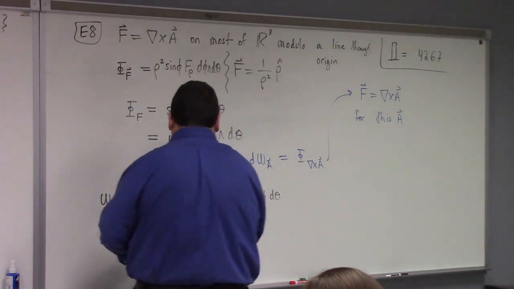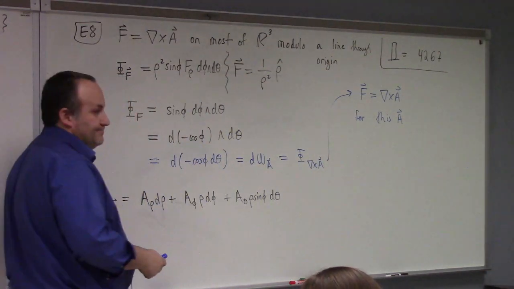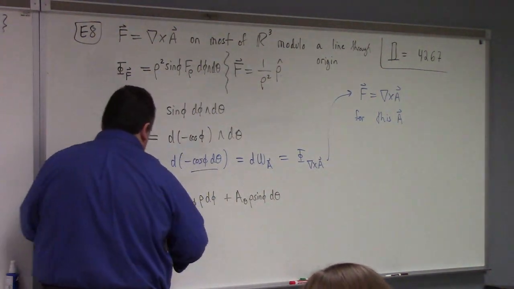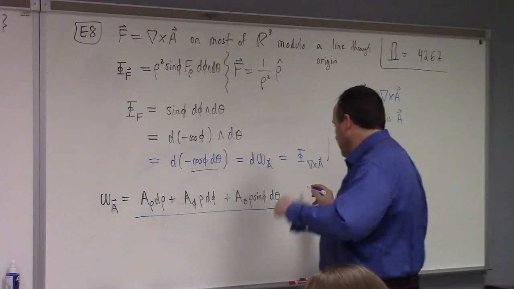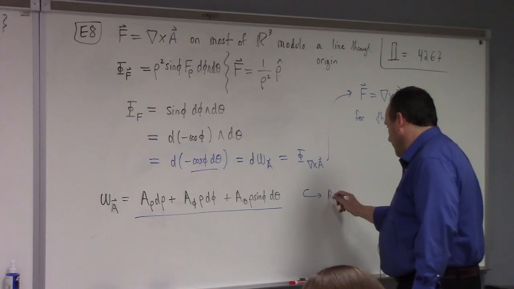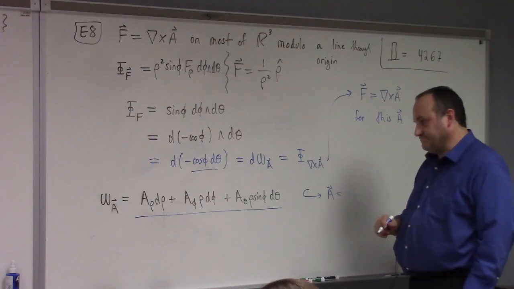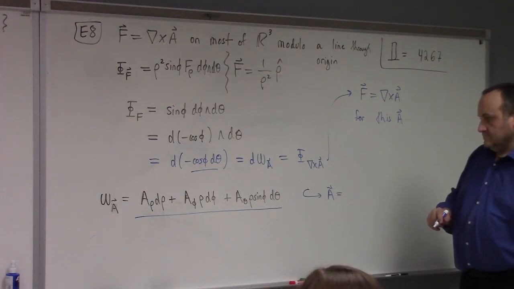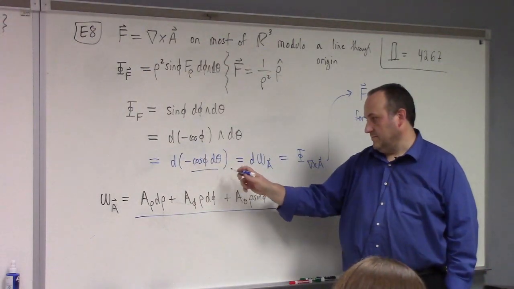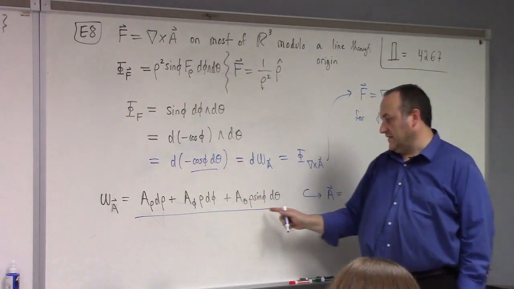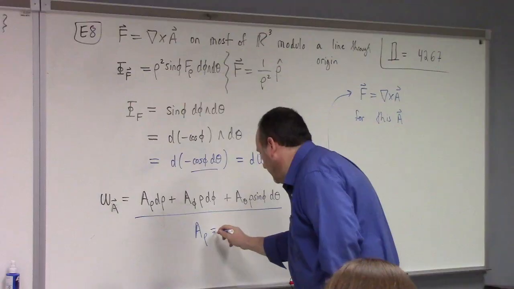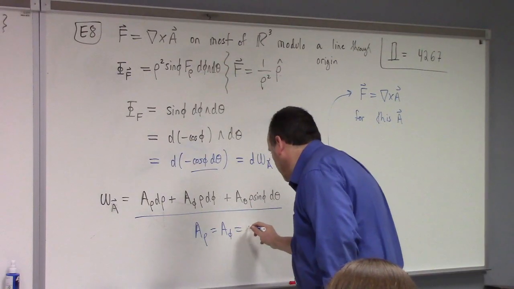So now we just have to play a matching game. As you look at what I have here, and you look at what I have down here, what does this tell you that the A must be? We only have a d theta, right? So we have apparently A rho and A phi are both 0.